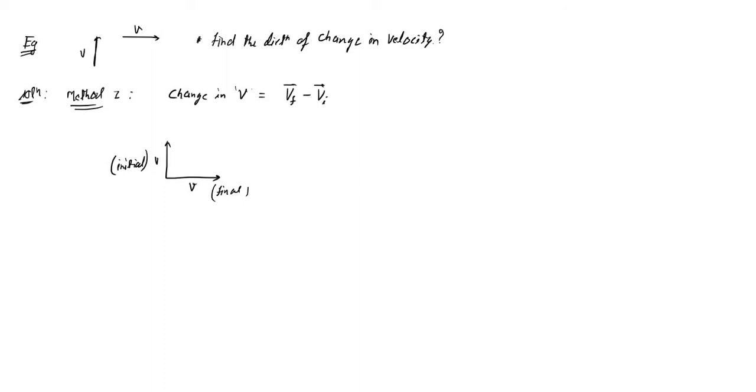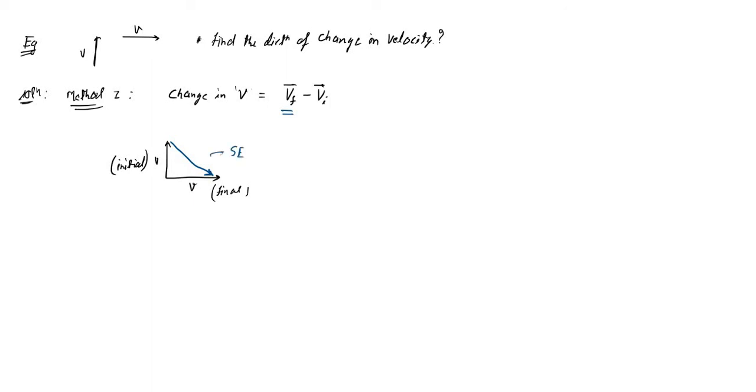This will be equal to this vector, and its head is towards the first vector. This is final velocity. So this head will be in this direction. So here the direction of change in velocity, we can say, is southeast.